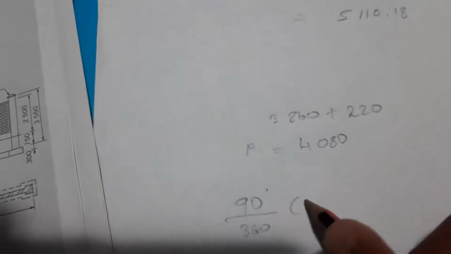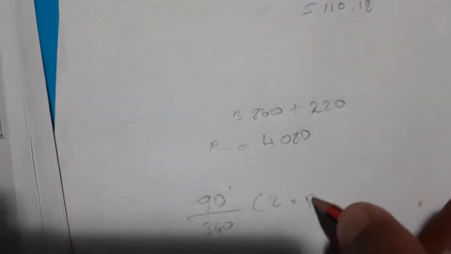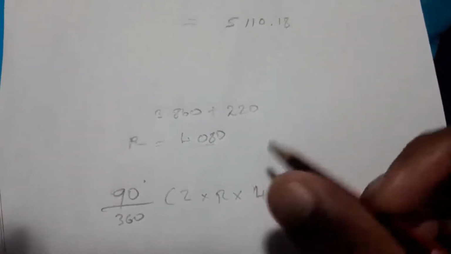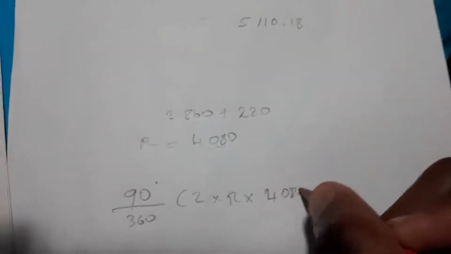Then times 2 times your pi times the radius you got, which is 4008.